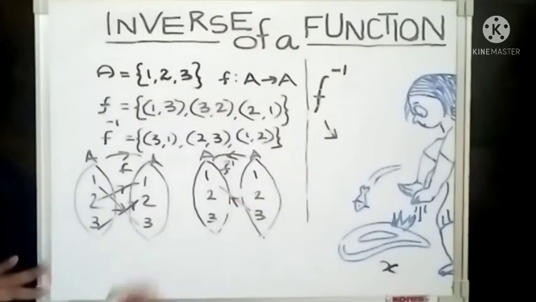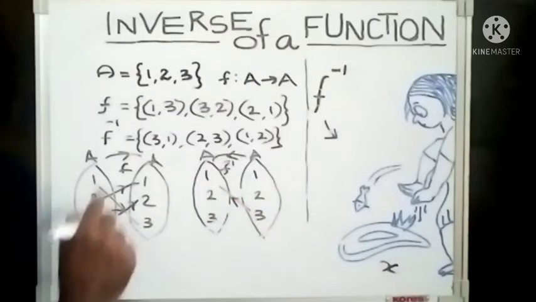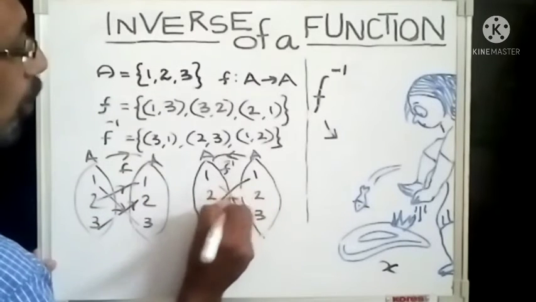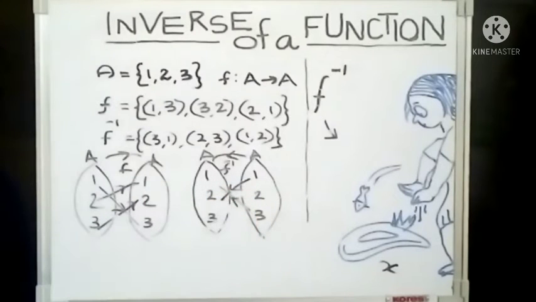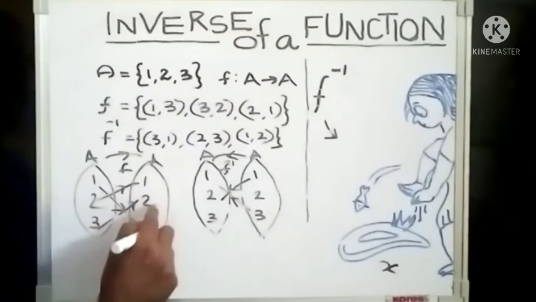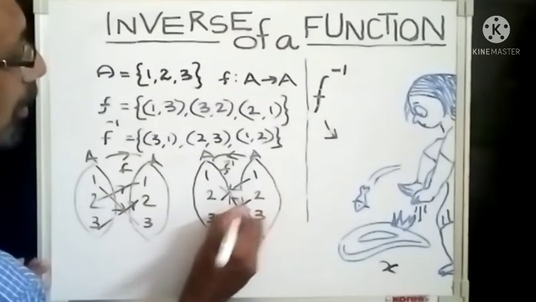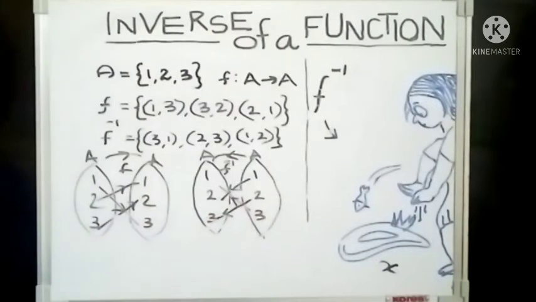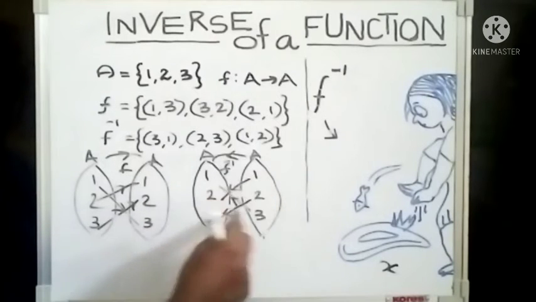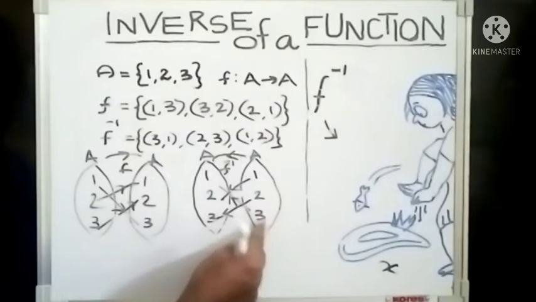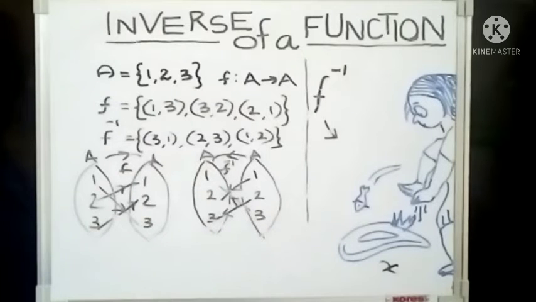Since 2 is related to 1, 1 should be related to 2, and since 3 is related to 2, 2 should be related to 3. Therefore, f inverse is the set of ordered pairs {(1,2), (2,3), (3,1)}.